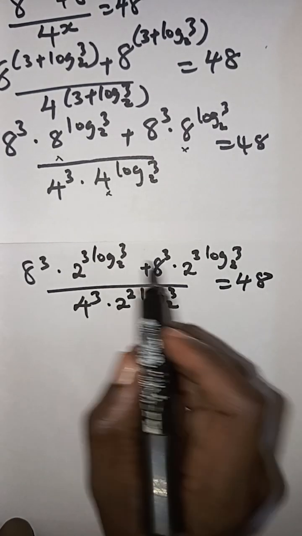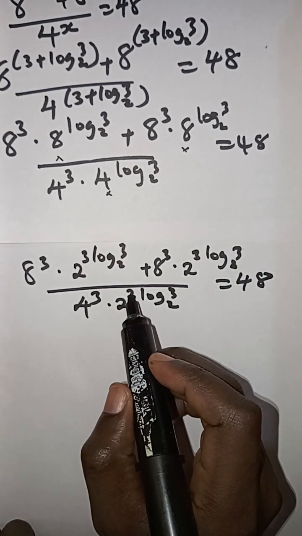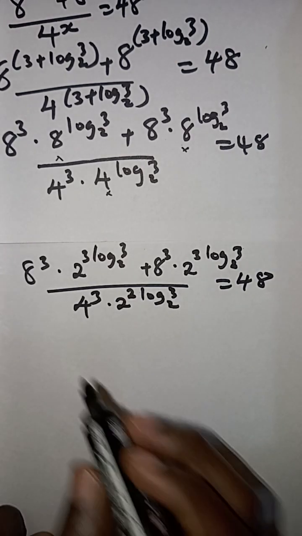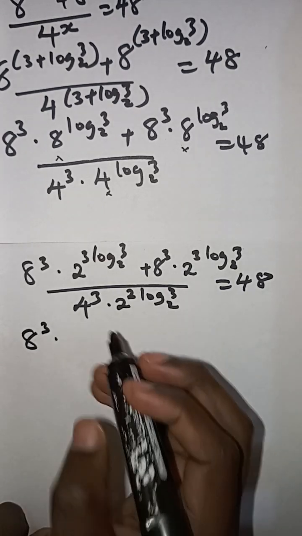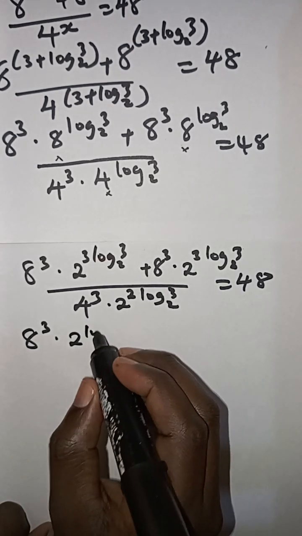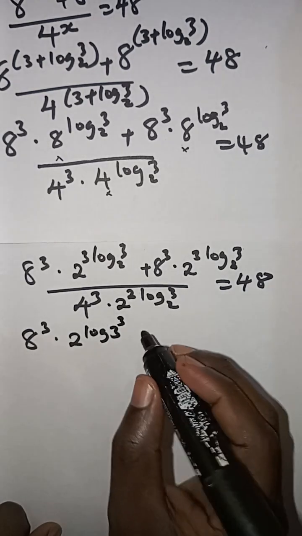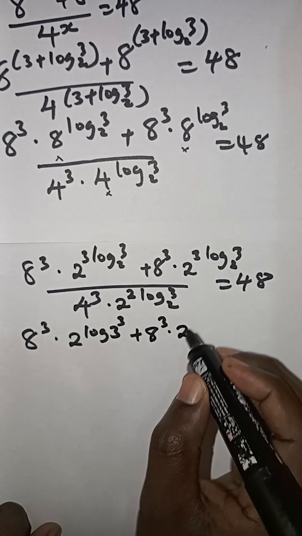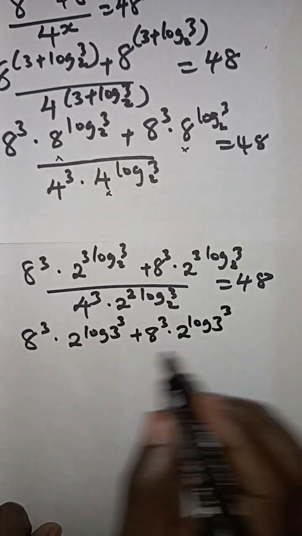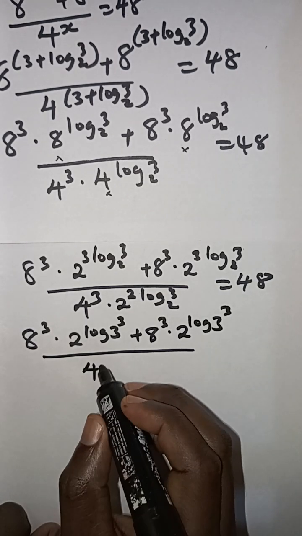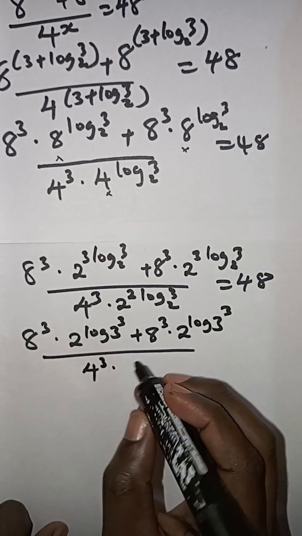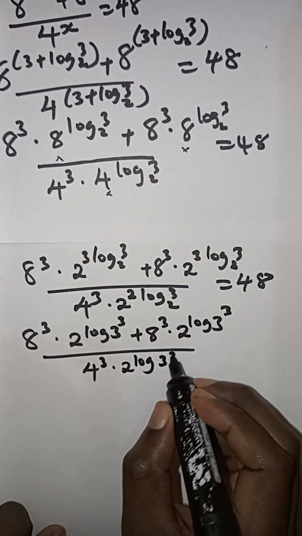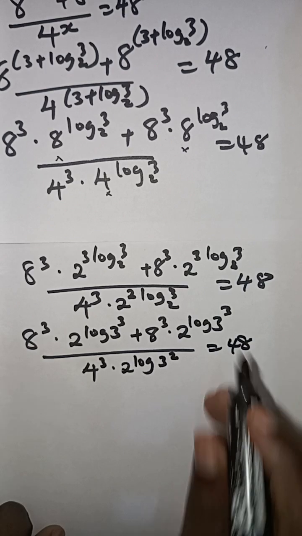This 3 can come up as the power, and also these 2 can come up, so that I have 8 raised to 3 multiplied by 2 to the log of 3 power 3, plus 8 power 3 multiplied by 2 to the log of 3 power 3, divided by 4 power 3 multiplied by 2 to the log of 3 power 2, which should give me 48.